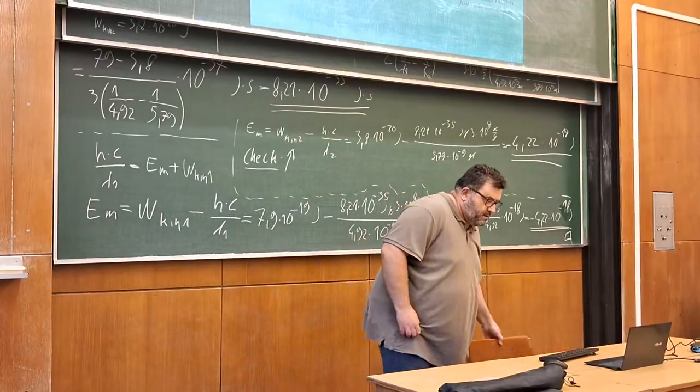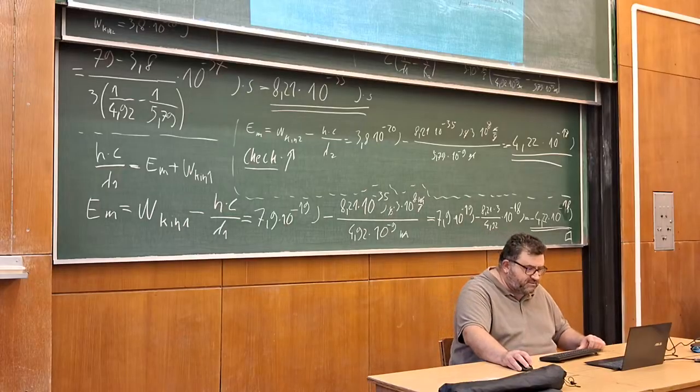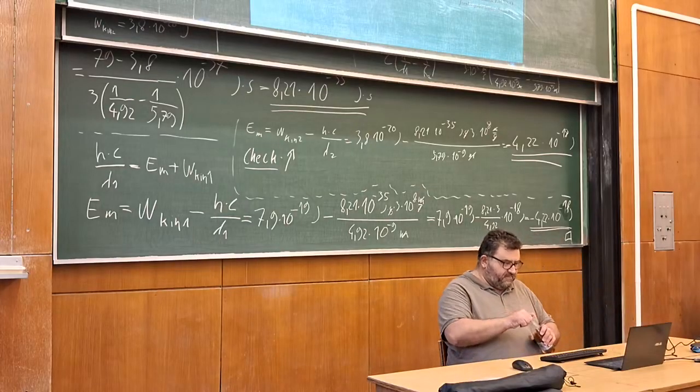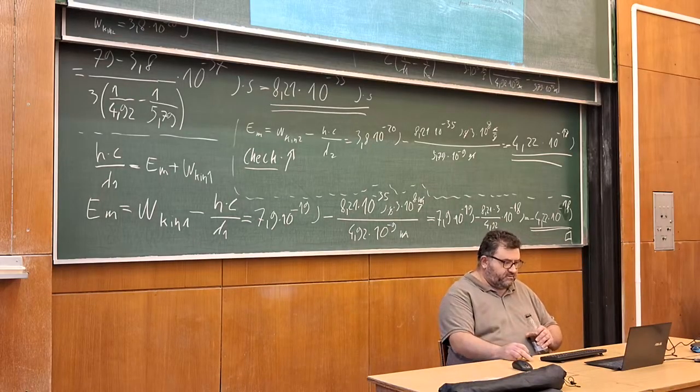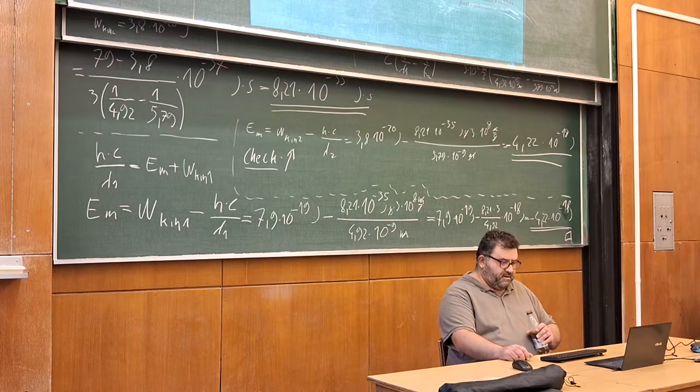Okay, so we have enough time for another test, or to fix this last stuff. When a metal surface is irradiated by light of a certain frequency, the measured stopping potential of the emitted electrons is 3.9 volts.